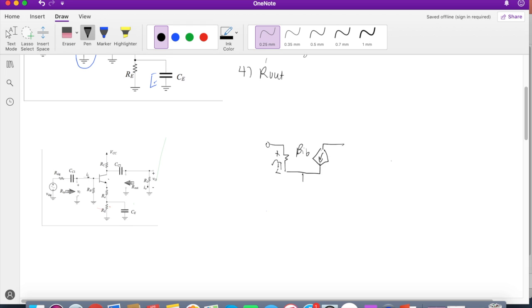So in the base, we see that we have a base resistance. Then we have our voltage in terminal. And then, since we short circuit the capacitor, we have our sig and our voltage source.